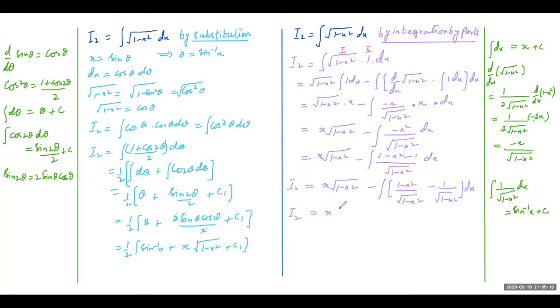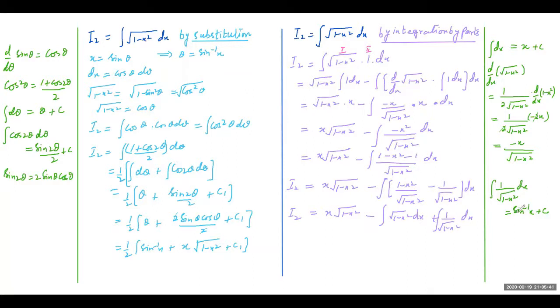And then we get I2 equals x into square root of 1 minus x square. This becomes square root of 1 minus x square, and this is minus 1 by square root of 1 minus x square. We also open up the bracket and we get two integrals. One integral is this, and then minus and minus gives me plus, and this is my second integral.